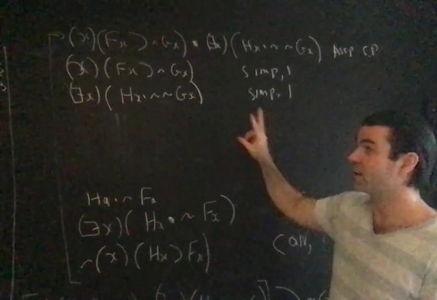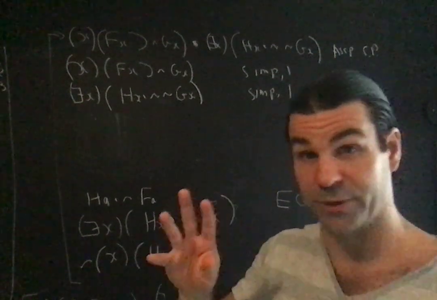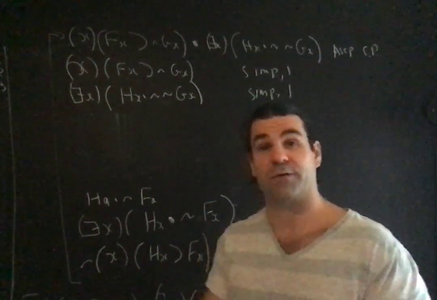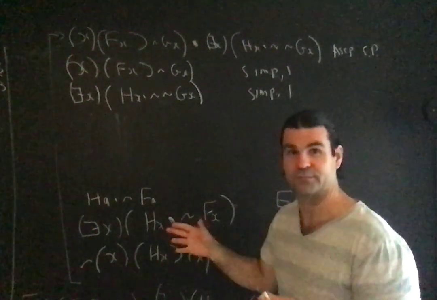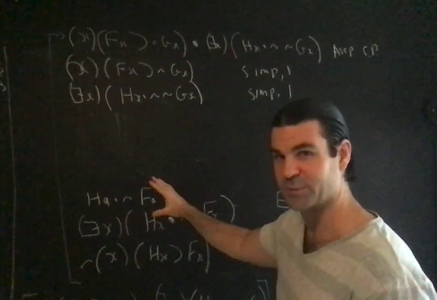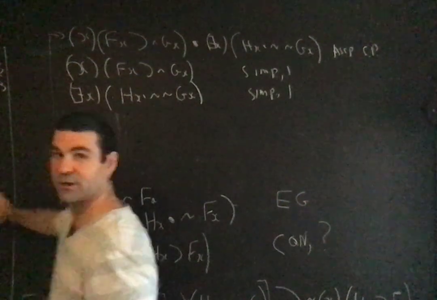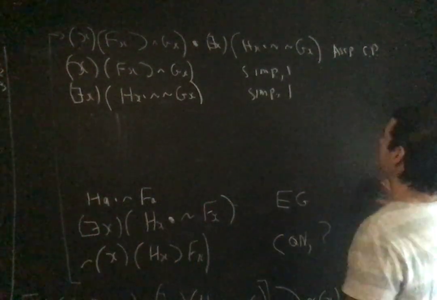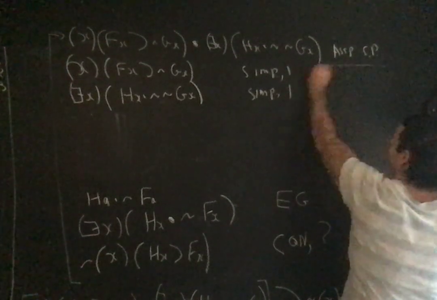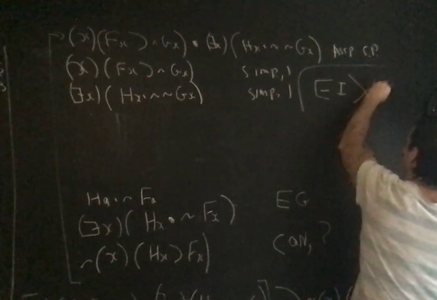Now, you must be very aware of this moment of strategy. When you have this, it's the hard rule before the easy rule, a specific application of it: EI before UI. Do EI before you do UI.